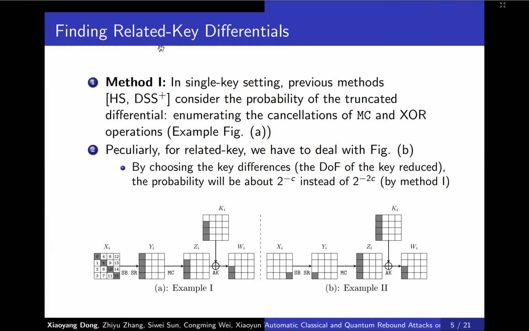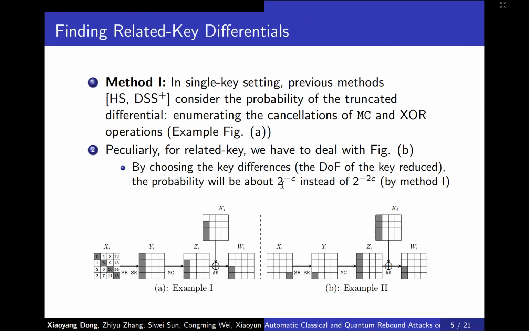But in the related-key setting, we have to deal with another case. For example, in figure B, if we follow the previous method, we can enumerate the cancellations with two cells. But the total probability of the differential can be just one cell.